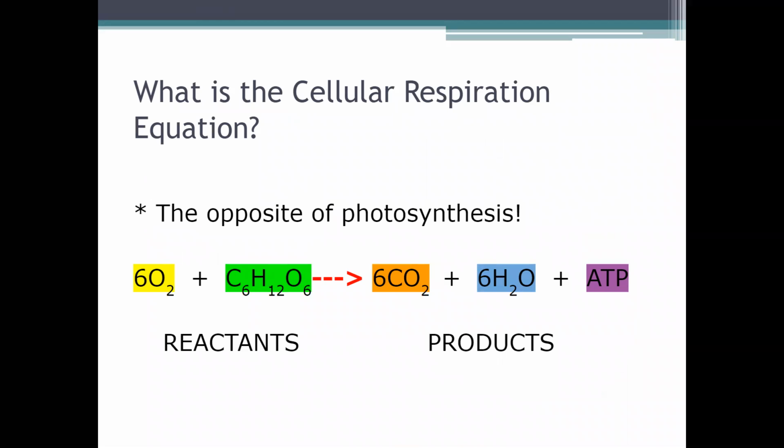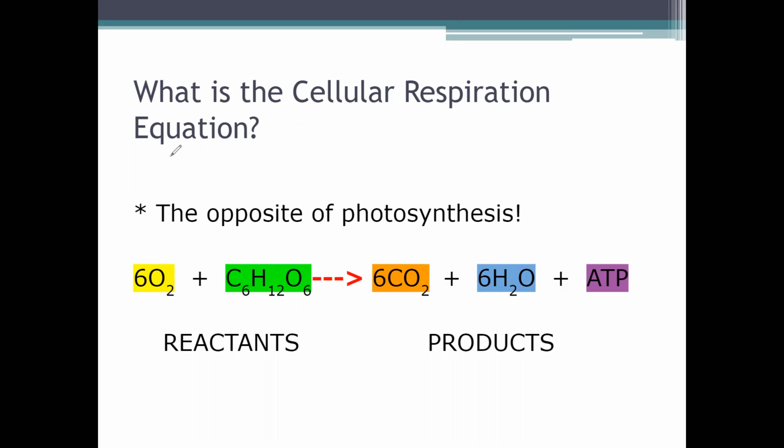So let's take a look at the equation for cellular respiration and actually the equation for photosynthesis. So what I'm going to do is I'm going to write in the equation for photosynthesis, and we're going to compare the two real quick.